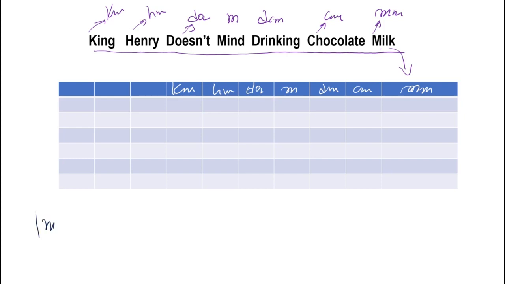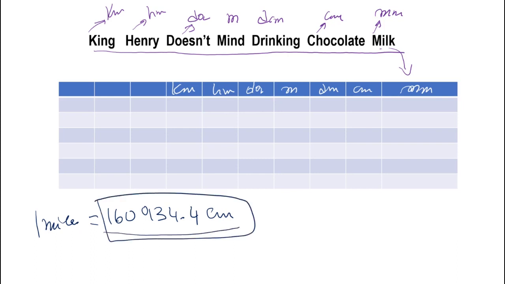We said in 1 mile we had 160,934.4 centimeters. Now, how do you plug this number into the table? You go to the first digit of the whole number.